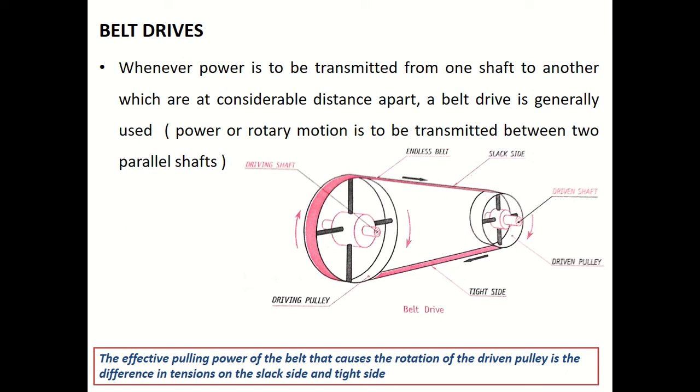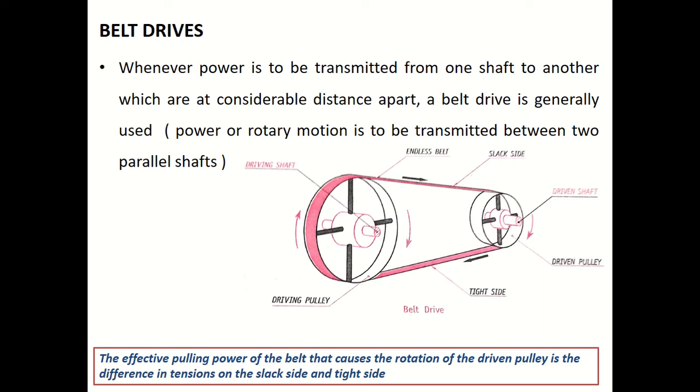In the schematic picture shown in this slide, we can see that it consists of two pulleys over which an endless belt is passed, encircling both of them. The mechanical power or rotary motion is transmitted from the driving pulley to the driven pulley. How?